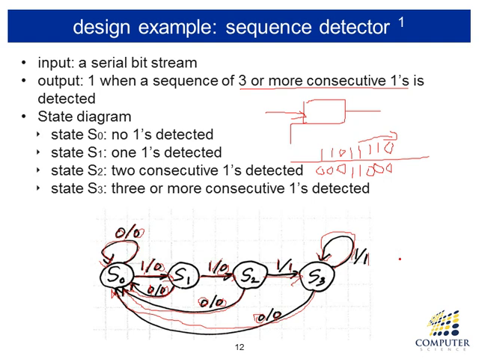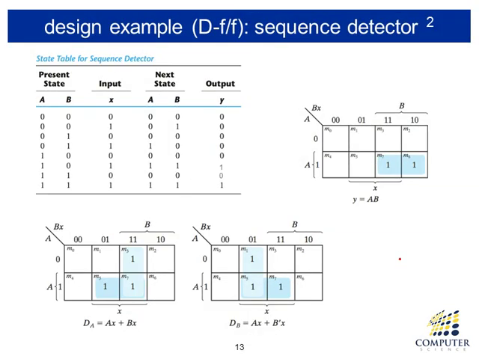Then you need to convert this state diagram into a state table. The state table and state diagram carry exactly the same information but in different formats. The state table uses not the label of the state but a binary number assigned to the state.